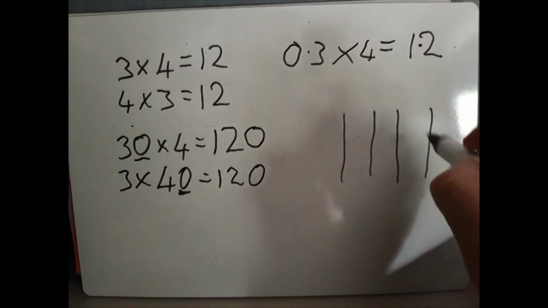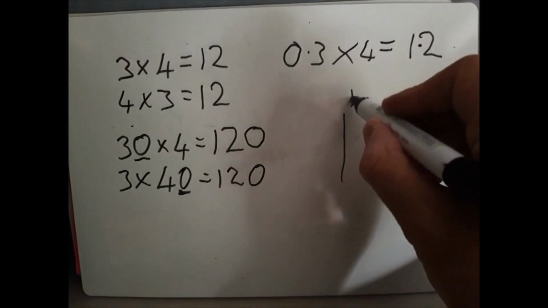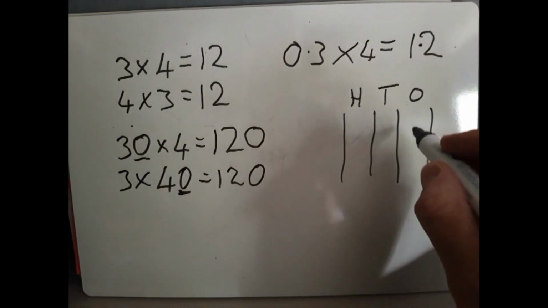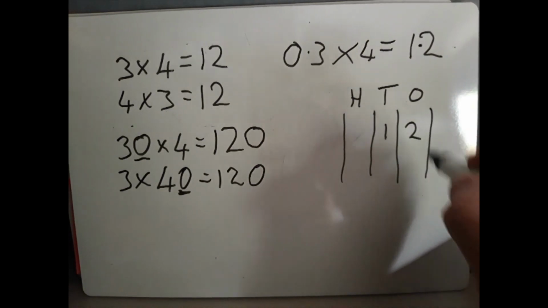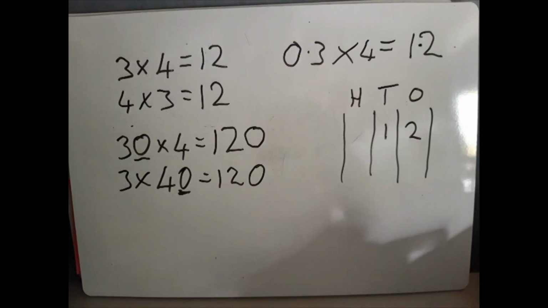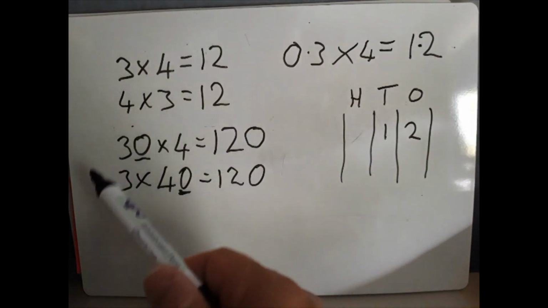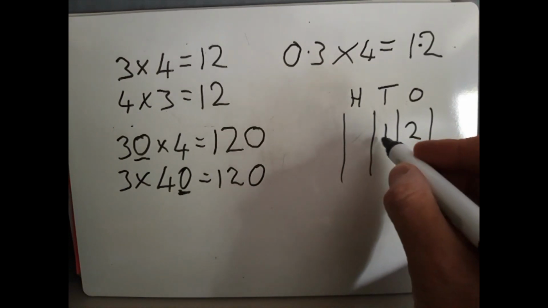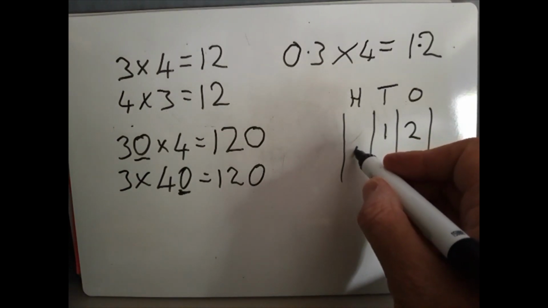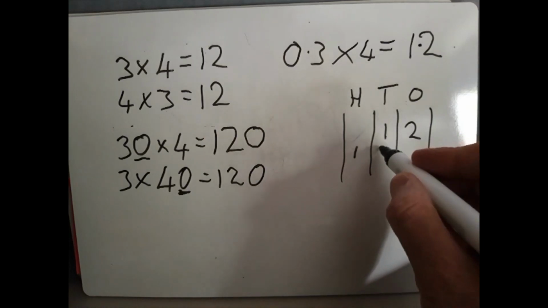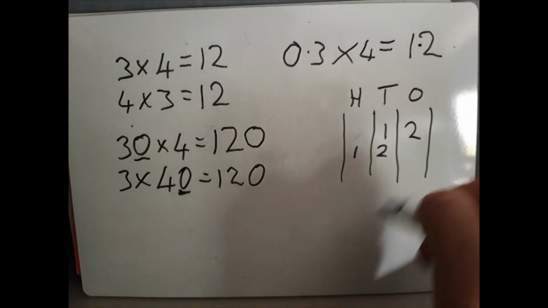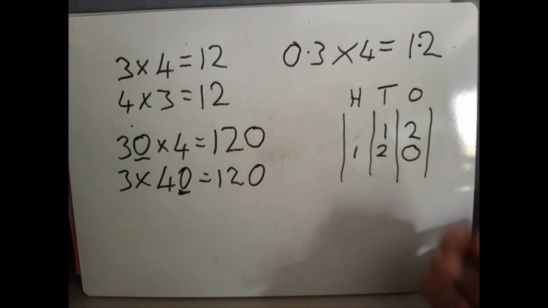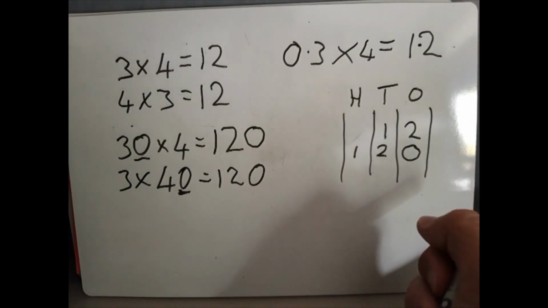To demonstrate that movement, how we got 12 to 1.2, think about our columns. We've got our hundreds column, our tens column, our ones column. 12 fits in here. If we want to make it 10 times bigger, like we did here, our digits will move one place to the left, and our 1 ten will become 1 hundred. Our 2 ones will become 2 tens, and then we put a 0 into our ones column to fill that space. So it's 120.